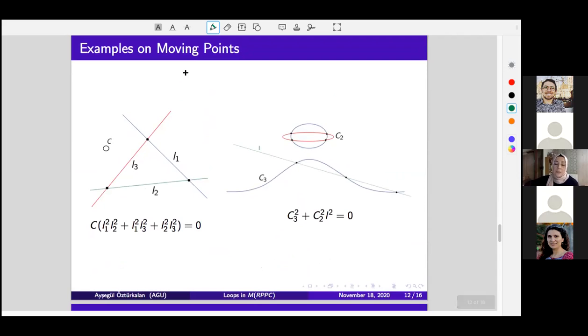Let me show you some other easier examples. For example, here when I construct such a thing, C represents this oval, this small degree 2 oval. This is degree 2, and this is a line, this is another line. When you look at this equation, this is degree 4, degree 4, degree 4 multiplied by degree 2. This is a sextic.